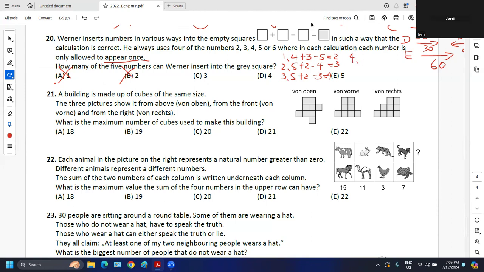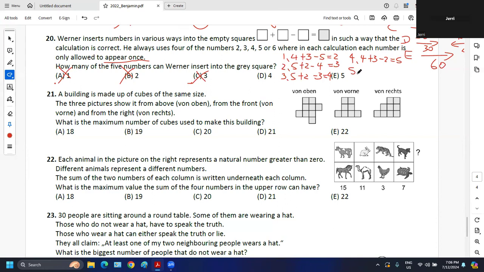And now it's 4. It is 5. And now we can use 4 plus 3 minus 2. That would be 5. And now C is wrong, because we can do 4.